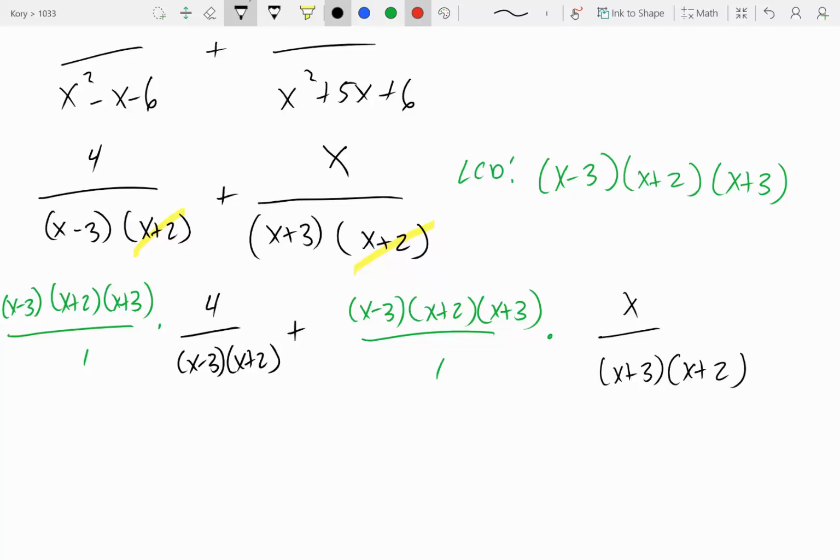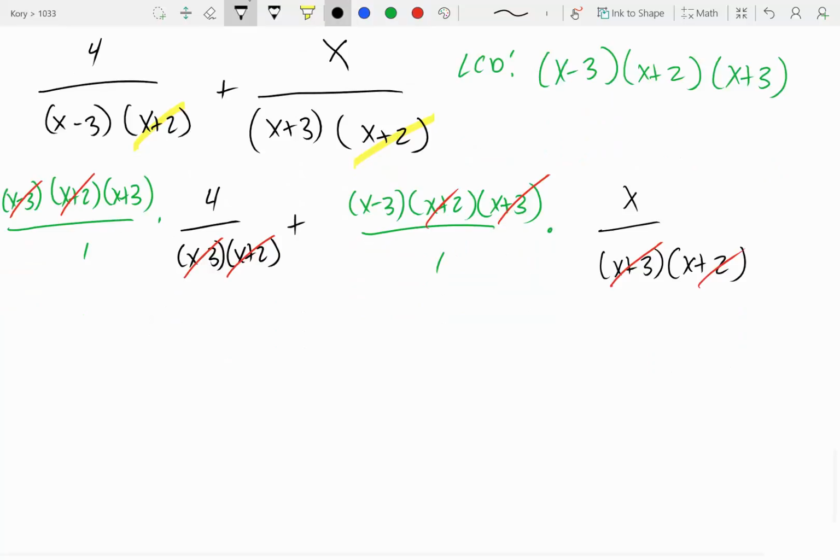Now we're going to cancel out things diagonally that are identical, so x minus 3, x plus 2, x plus 3, x plus 2. Let's write what we have left over. So what we have left over is (x plus 3) times 4 plus (x minus 3) times x.